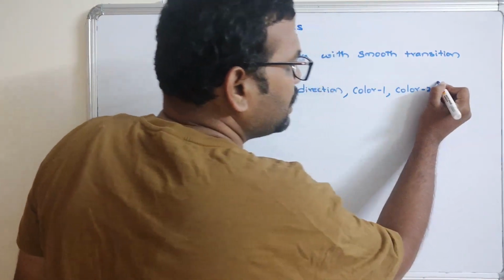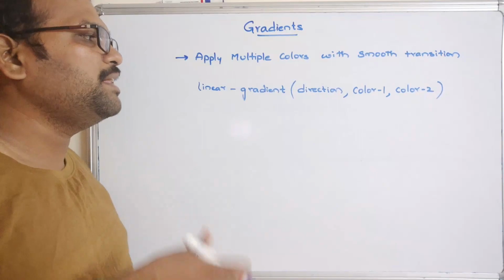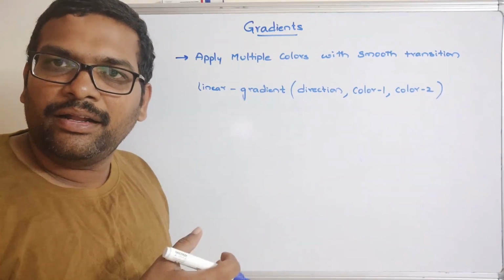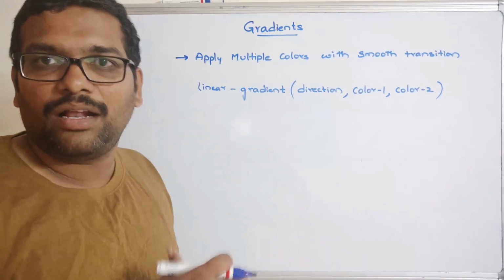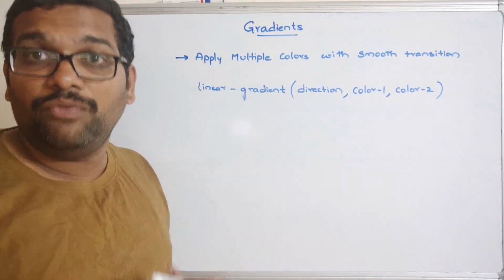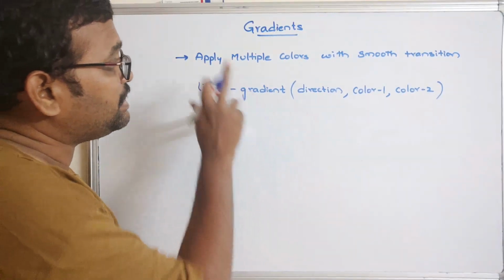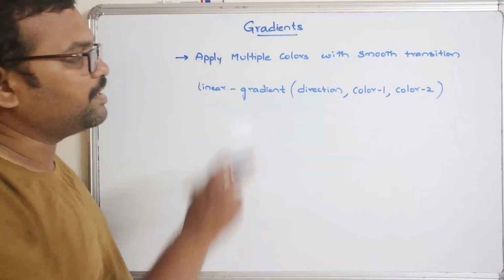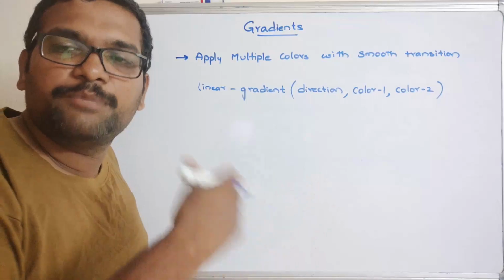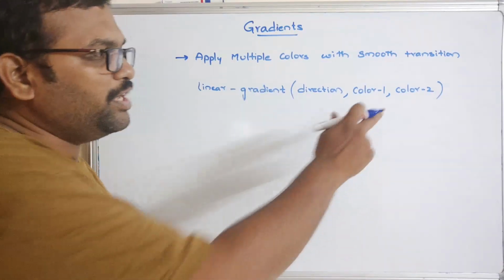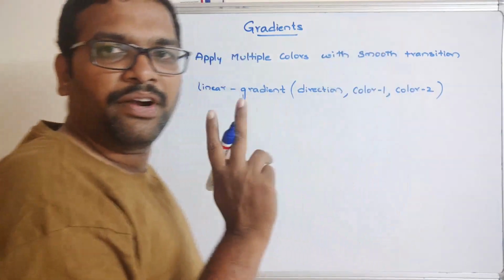One thing you just remember: if you want to apply this linear gradient to the content, there must be at least two colors, that means more than one color we have to specify. Then only we can justify the name gradient, that means applying multiple colors. So here minimum we have to give two different colors.